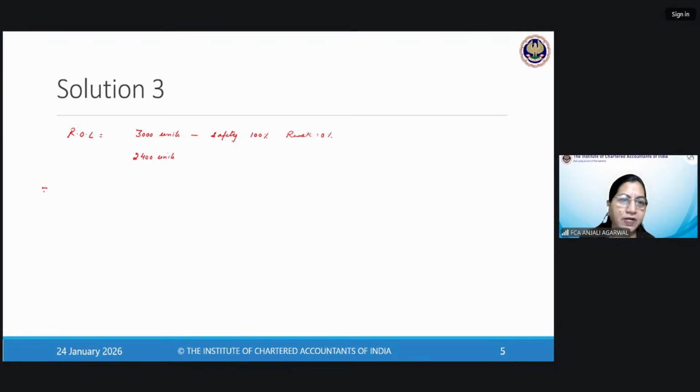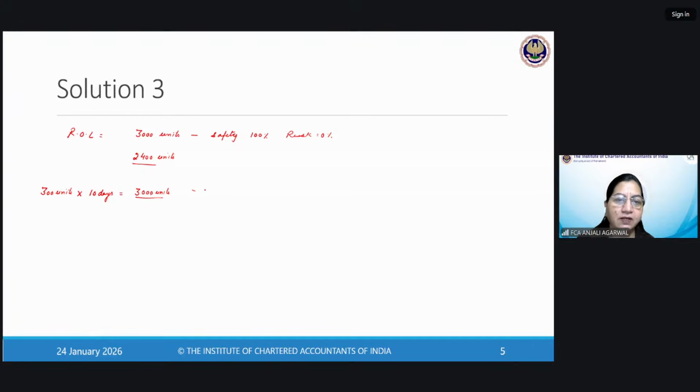If 300 units are consumed each day and the stocks are not received till the 10th day, in that case your consumption will be 3000 units in these 10 days until you receive the order, whereas you had only 2400 units.